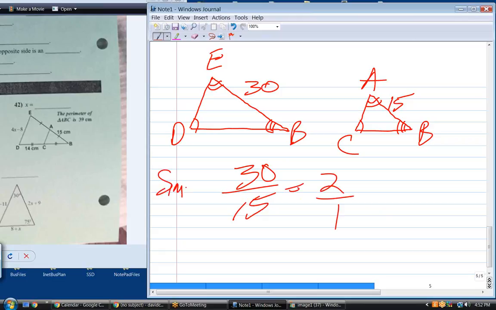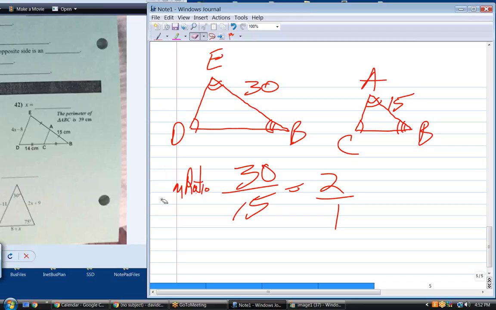Is similarity ratio a term that your teacher uses? We just usually say ratio. Or he calls it linear ratio, maybe? Because notice, with triangles, the linear ratio is not the same as the area ratio. The area ratio is the square of the linear ratio.